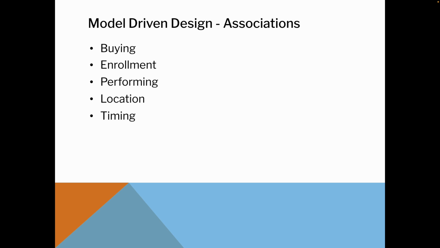Because there's the ERD version of association, which is like one-to-many, many-to-many, one-to-one, etc. But there's also the object-oriented version of association, which is when two objects are associated with each other, the relationship usually is based on an operation. So a customer enrolls in a class. A customer buys a product. So yeah, buying, enrollment. For example, a performer, like a musician, performs at an event. So performing.